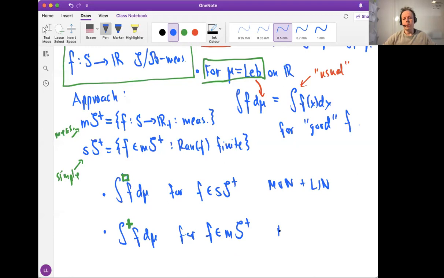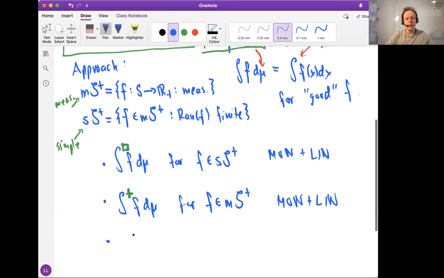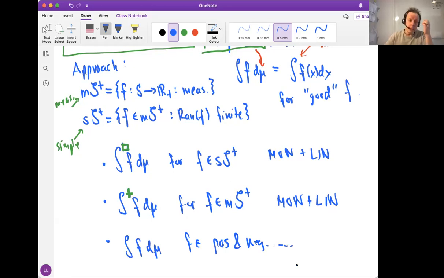Afterwards, we will prove monotonicity and linearity for that concept as well. And the third step is then to say, okay, what is this integral for functions which take both positive and negative values? That's what we will discuss later on.